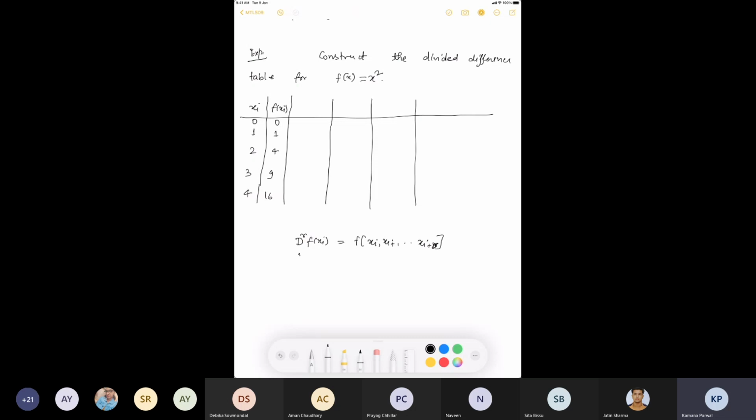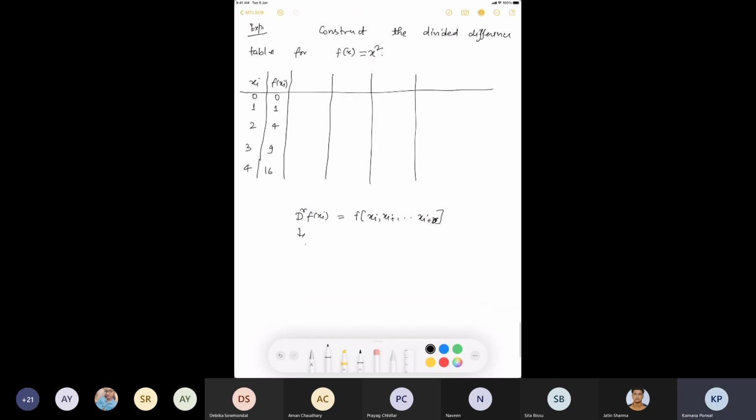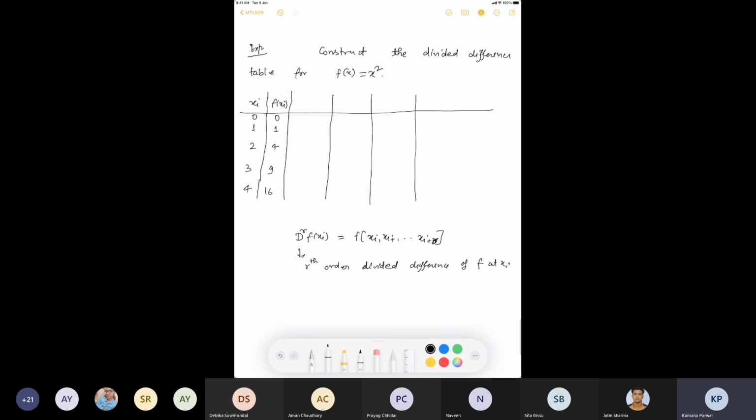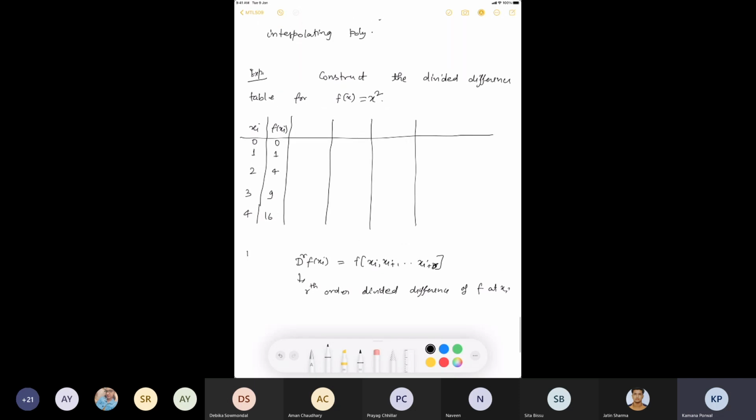So this is the rth order divided difference of f at xi. So I'm just using this as a notation, okay? So that I don't have to write the complete big expression every time.